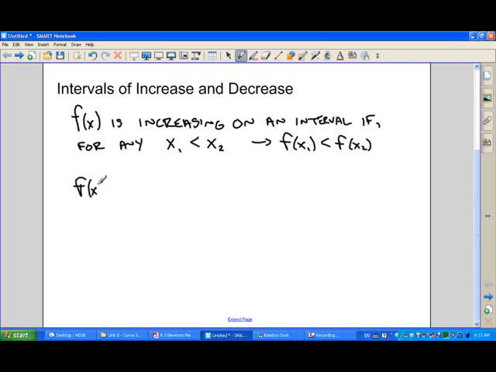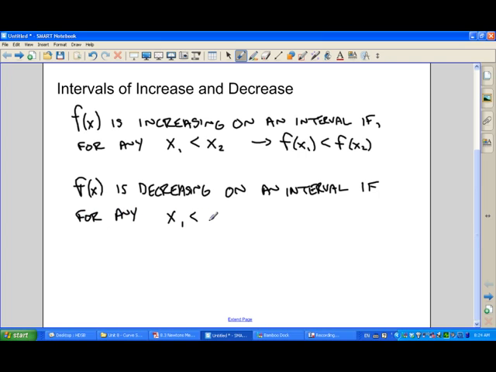A function is decreasing on an interval if, for any values that I pick on that interval where one is less than the other, my function evaluated at x1 is greater than my function evaluated at x2.